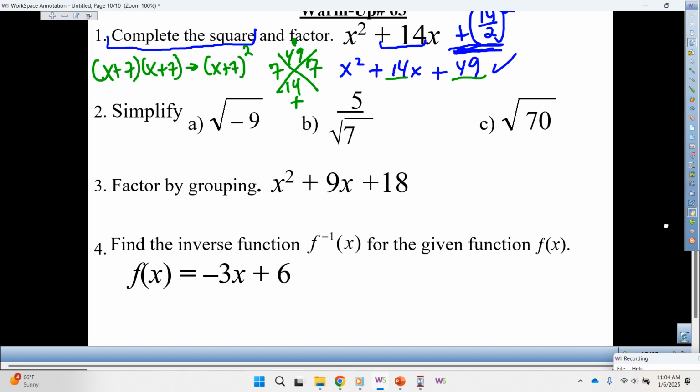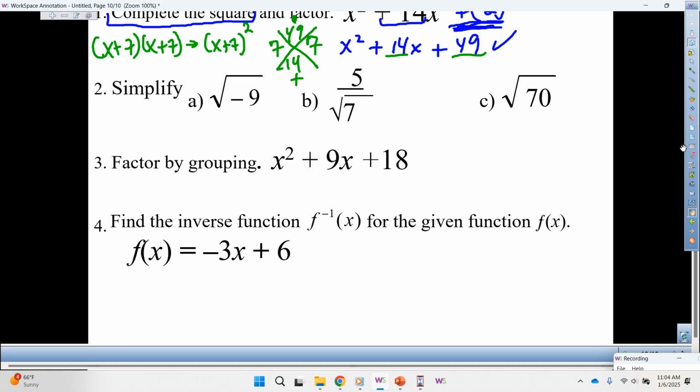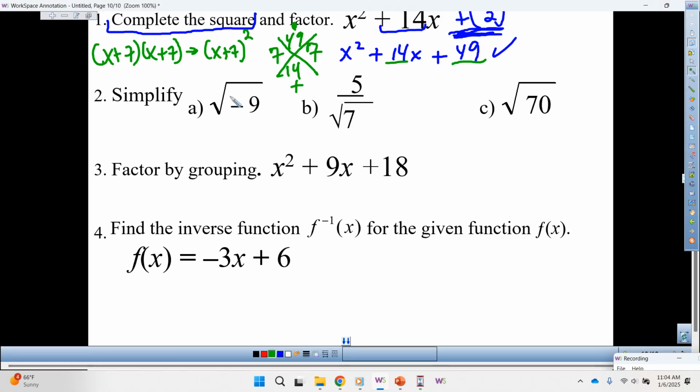Let's go. Go to number 2. It says simplify. By now, you guys should be able to do A. If not, my goodness. Here it goes. Rewrite this: square root of -1 times square root of 9. Is that correct?